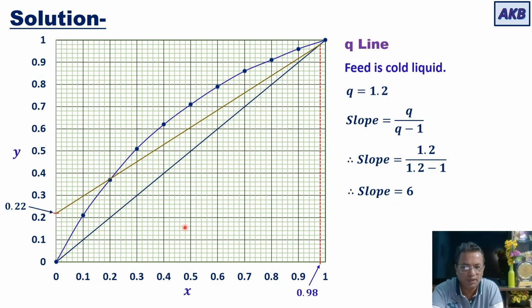Okay, so Q line starts at this point where x coordinate is xm. So let us first locate xm, 0.44. So 0.44 will be located over here. So from this point, I will go to the diagonal line. And now Q line is going to start at this point.